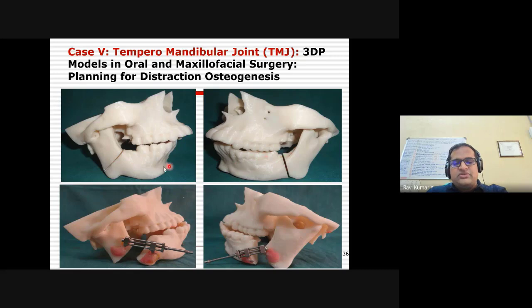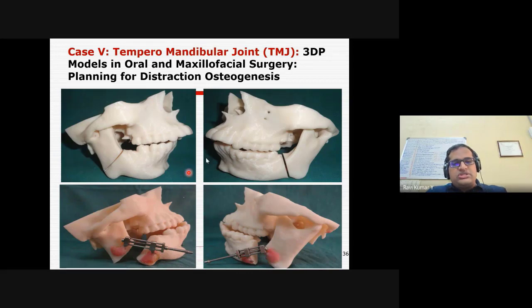Initially there was a mismatch here, and once you stretch the bone forward around 19 to 20 mm, it is aligned. In this way the distractor device is helpful, and these models help in designing the devices and deciding how much length it should be stretched forward.